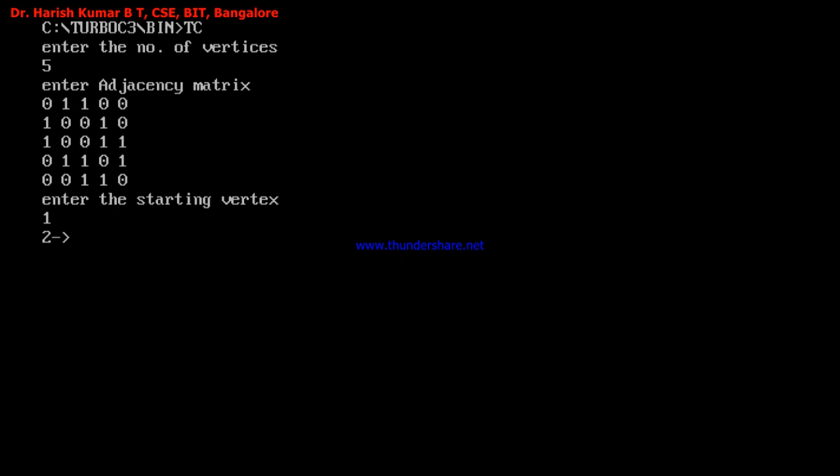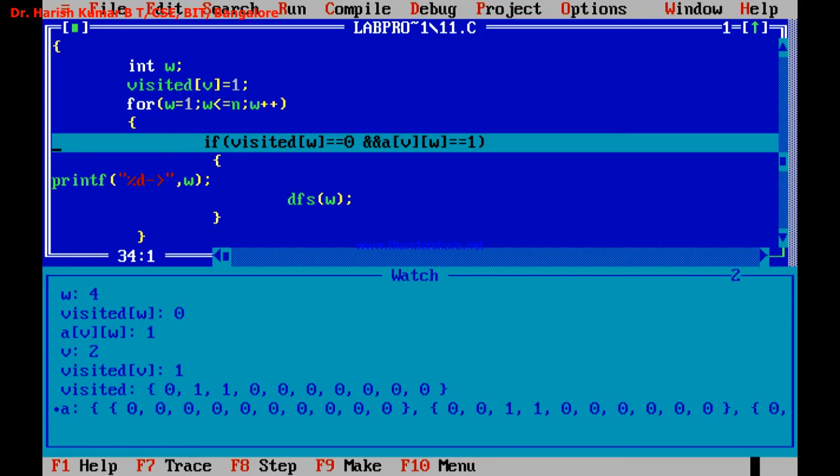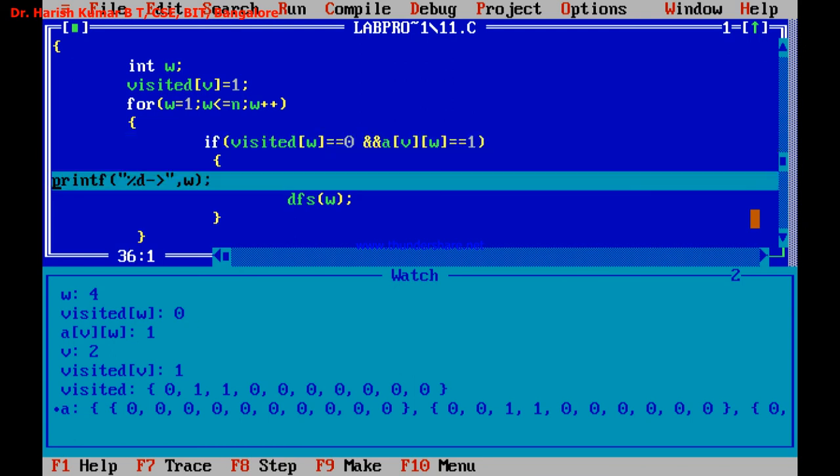Is there a path? Yes, sir. Now this is also true and this is also true. Now if I press F7, it should get into the if statement. See, it is into the if statement, and what it is saying now is that the next node to visit is 4 after 2. So we print 4.